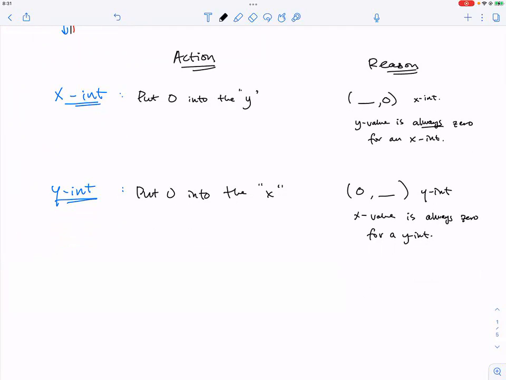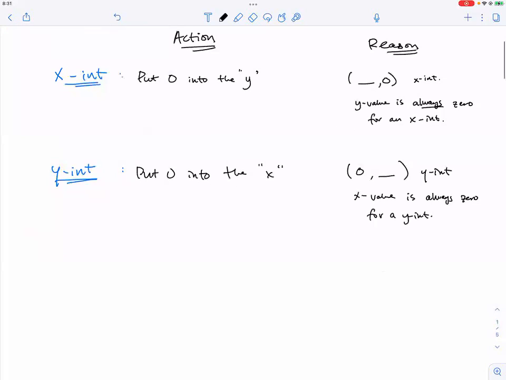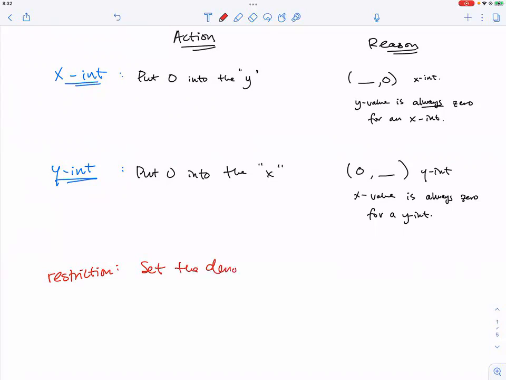Now, something more recent is that we asked a question. What is restriction? How do you find the restriction? Remember last week's stuff? On a test, we say, what are the restrictions? How do you find the restrictions? Yeah, so we set the denominator to 0 to find the restrictions.